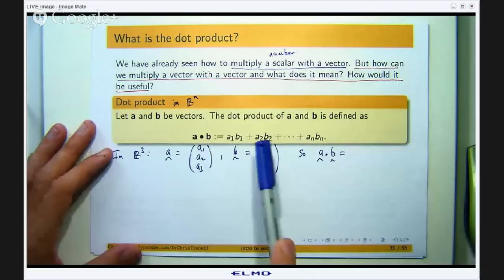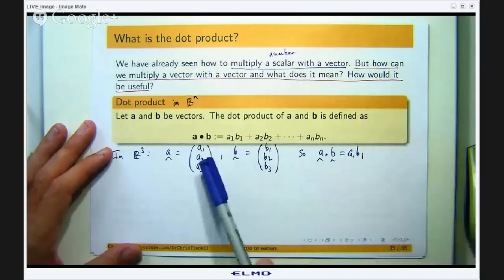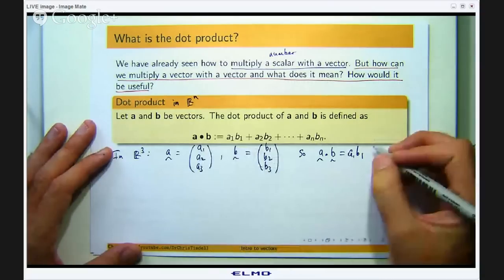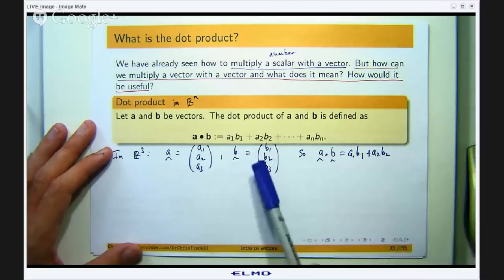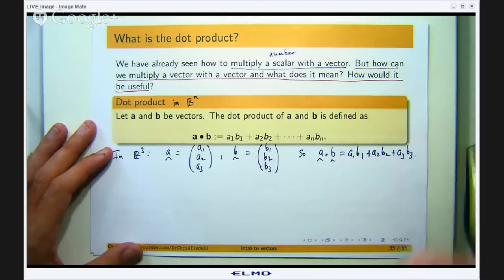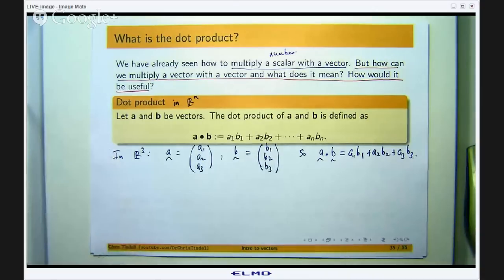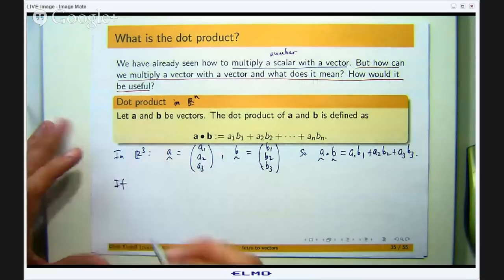It's the first component multiplied with the first component, plus the second component multiplied with the second component, plus the third component multiplied by the third component. Now that's still a little bit abstract, so let me do an example and show you what it means for a specific A and B.